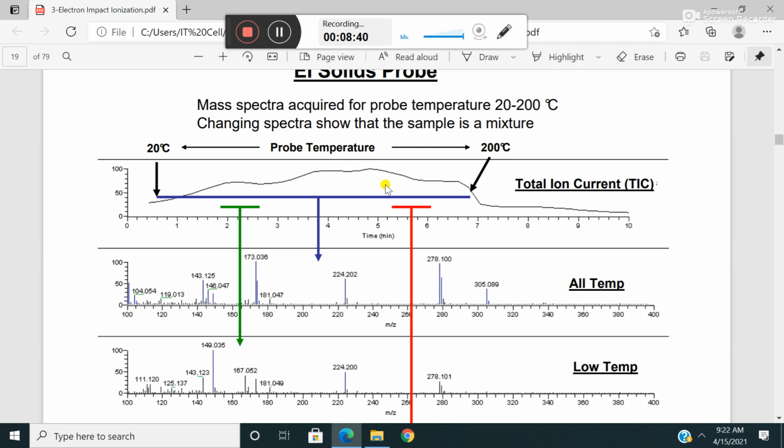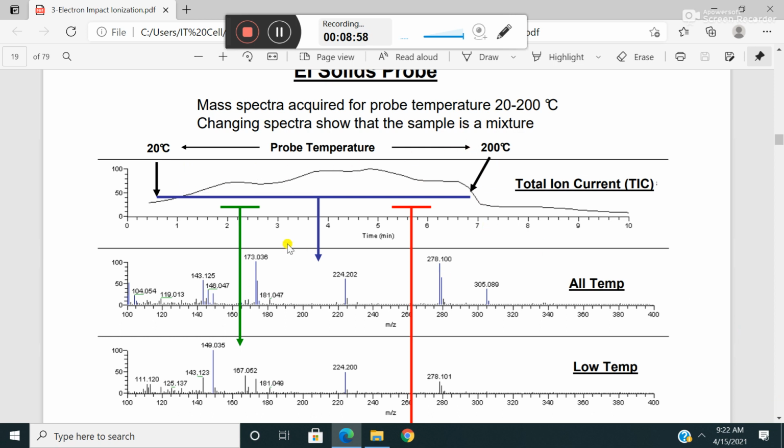So the overall probe temperature would be from 20 to 200 degrees centigrade, because this is the total range required for all the components to give their peaks.